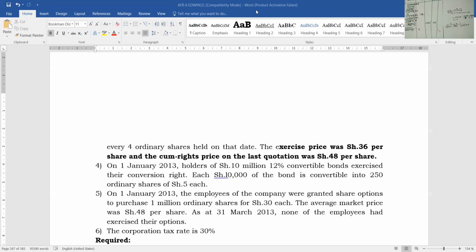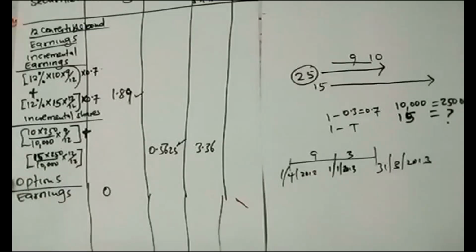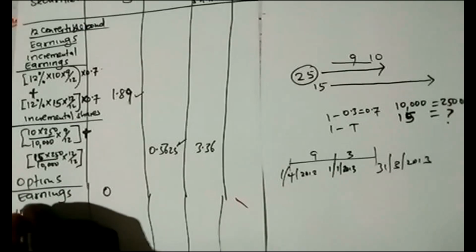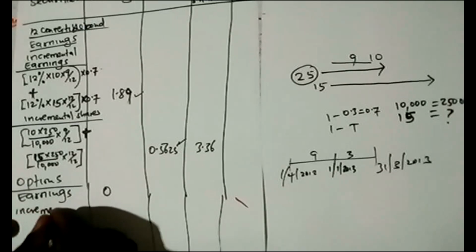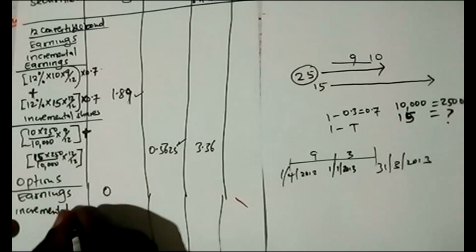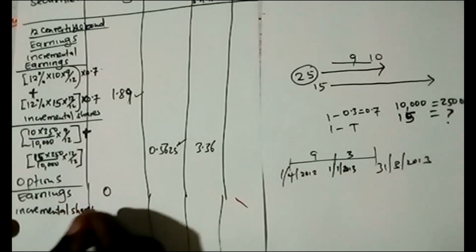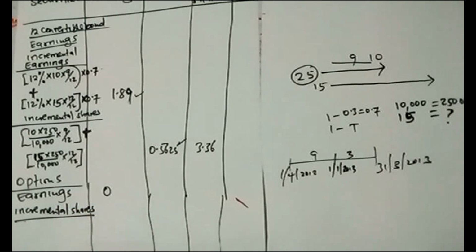What about incremental shares? What if now they exercise? What could have been the benefit? How could their shares increase?